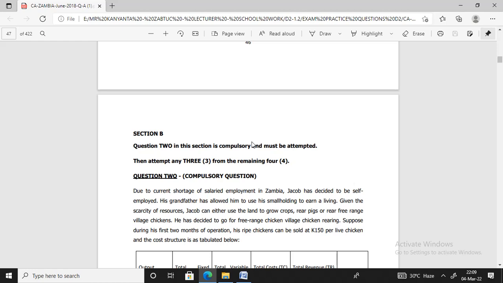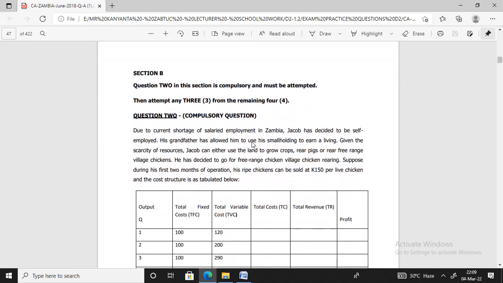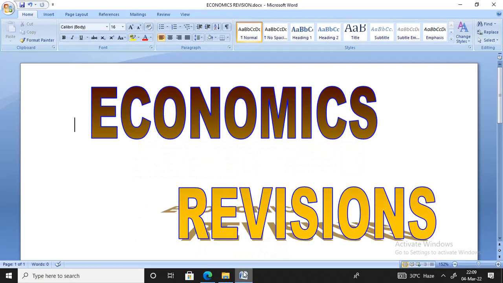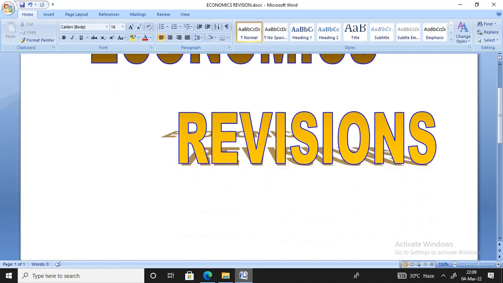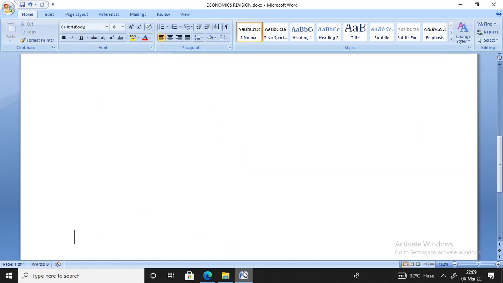Okay, so what we're gonna do is we can transfer this information where we can type in something. So let me go to the worksheet there. So this section B, question 2.